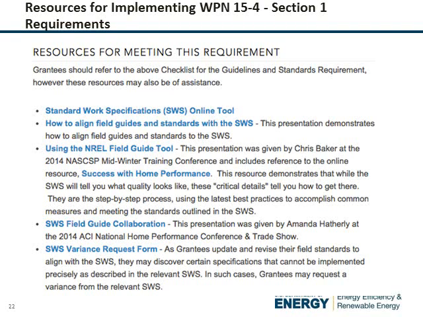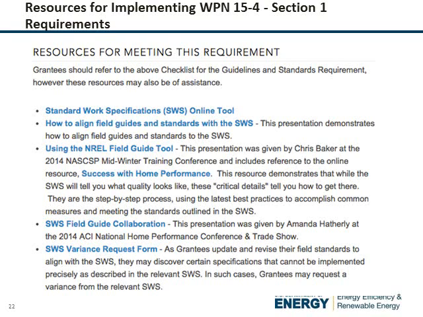Okay, so here are the resources on the energy.gov site for implementing Section 1 requirements. This is not necessarily stuff you need for filling out your application package, but these are the tools you may need to use to get those field guides aligned and get everything together to successfully submit an application package with all the signed variance requests and signed field guide approval form.